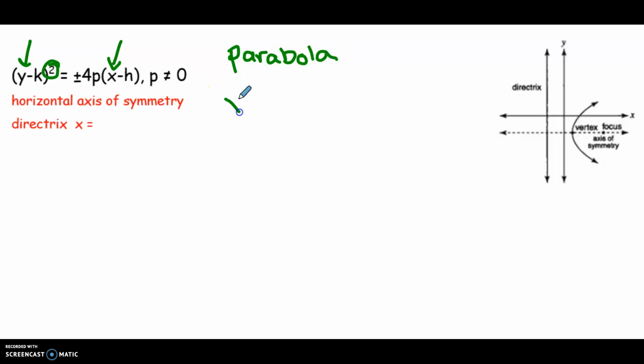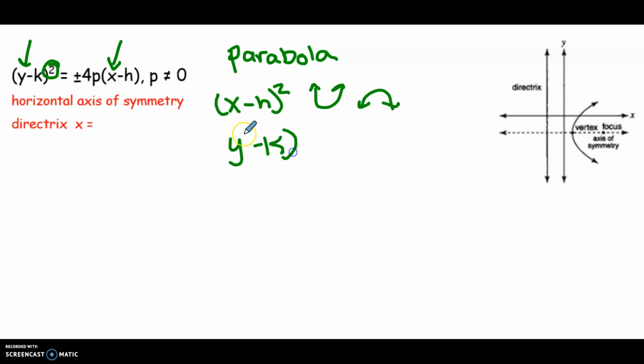When you have an x minus h squared, you have a parabola that opens upward or a parabola that opens downward. But when you have a y minus k squared, now this is where you're going to have a parabola that opens to the right or to the left.